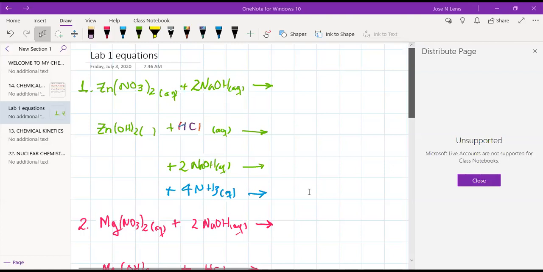Zinc forms only compounds in its +2 oxidation state. So as you can notice here in the writing, zinc is working here as +2. That's the oxidation number for zinc in the compound. And all zinc compounds will be with +2.